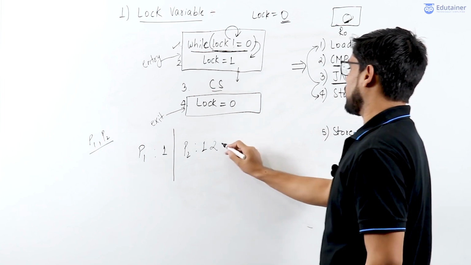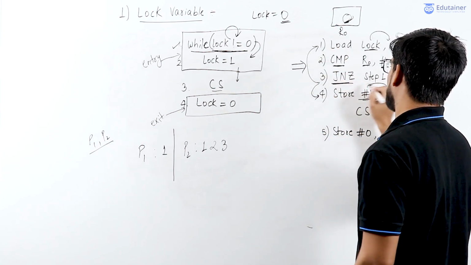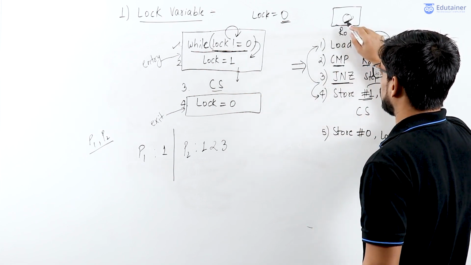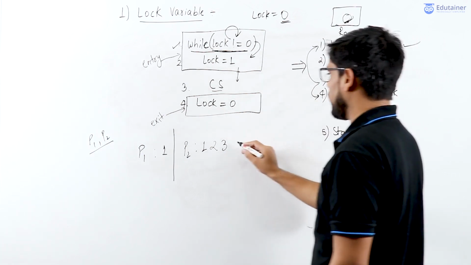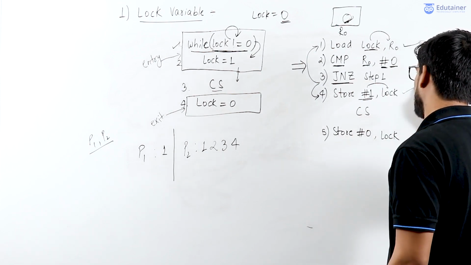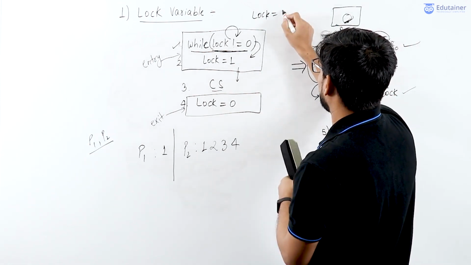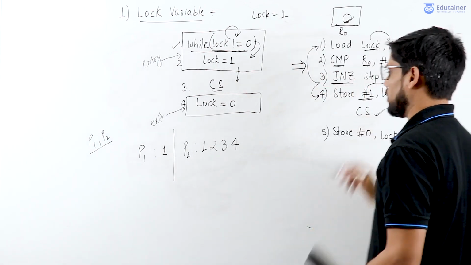And it will execute line number 3, jump if not 0 to step 1. If it is not 0, then go to step 1, but it is 0, so we can successfully execute line number 4 also. So process P2 executes line number 4, and it makes the lock variable value 1, and then process P2 enters the critical section.